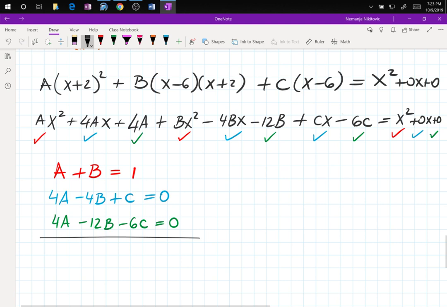Now, to solve the system, make sure that you are dividing to reduce numbers everywhere you can. So you can definitely divide the green equation on the bottom by 2 to reduce numbers. But in this particular case, that would not help because we already have 4A and 4A.